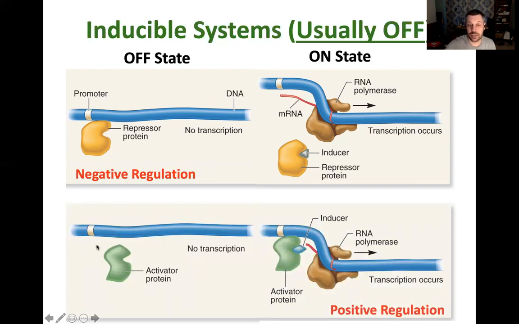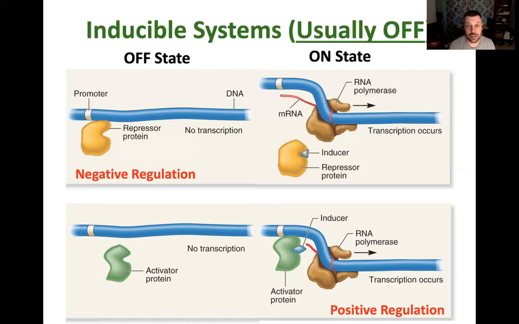An activator does not bind unless it's induced to bind by a small inducer molecule, which now causes it to bind to DNA and allow transcription of this gene. So both of these situations, negative regulation and positive regulation, can be used in inducible systems because they're just ways that you keep a gene off and then decide to turn it on.